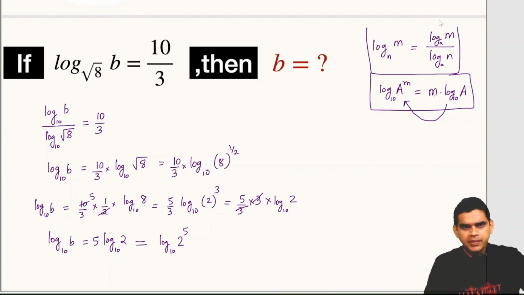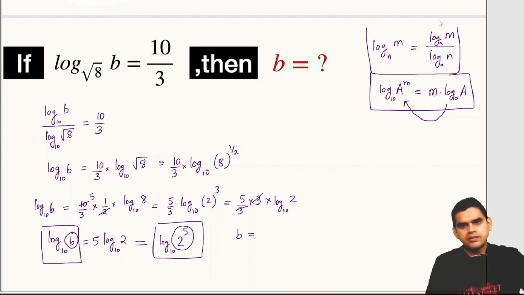Now if we compare left hand side and right hand side, both are log base 10. So b will be equal to 2 raised to power 5, that is equal to 32. So the final answer for b is 32.